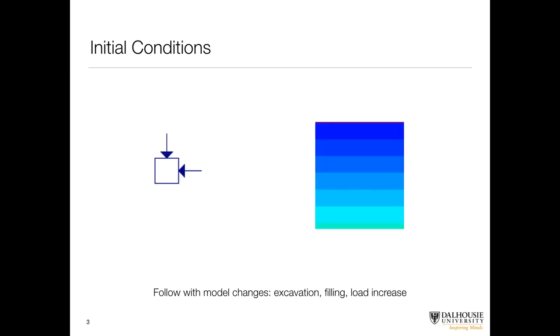So boundary conditions are one part of the issue. Initial conditions are the other. We talked a lot about something called in situ stresses, which is the stress field in the ground. And we all understand how important they are for carrying out analysis of underground excavations. So this image on the left here shows a typical stress configuration.